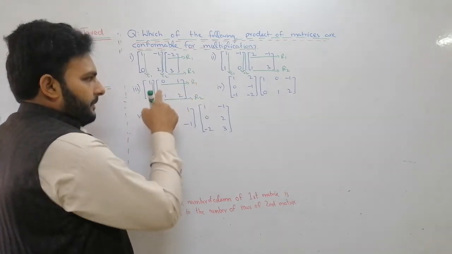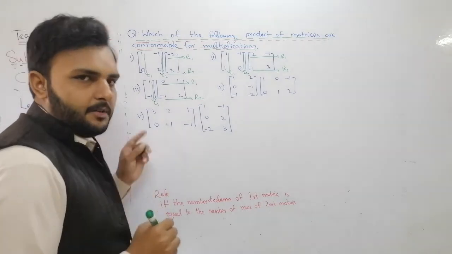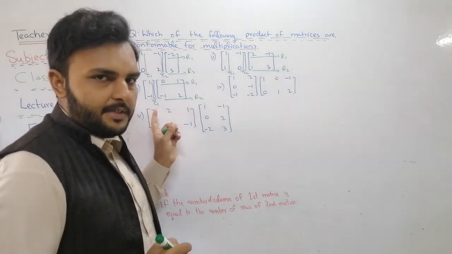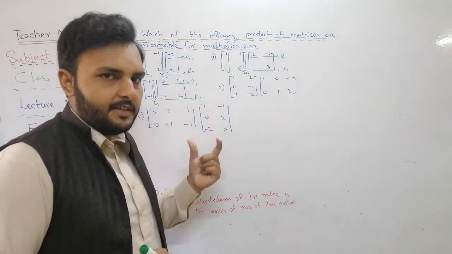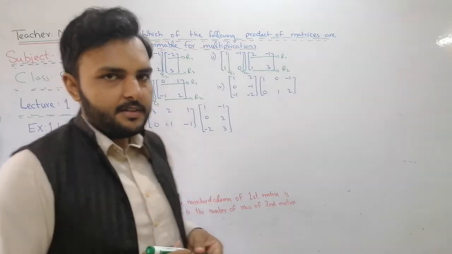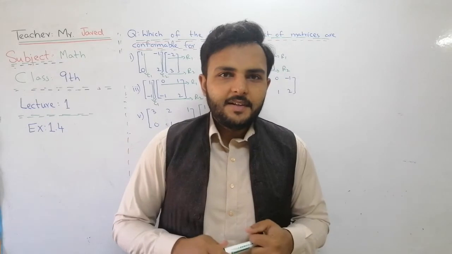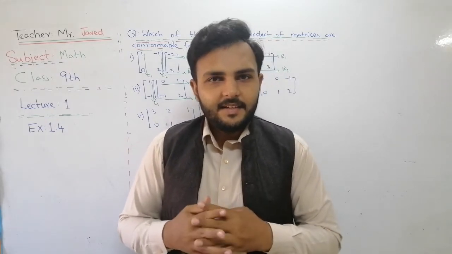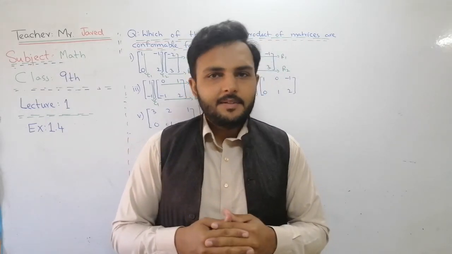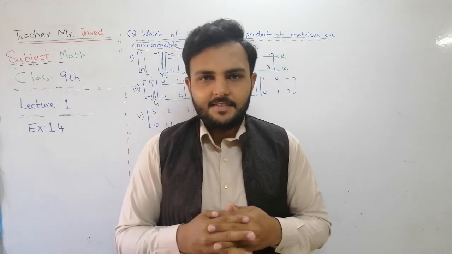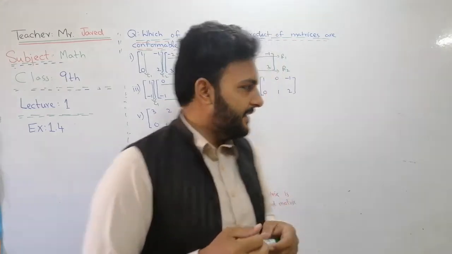So one column and two rows. Are the number of columns in the first matrix and the number of rows in the second equal? No, these are not equal. So what will we write? We will write, these matrices are not conformable for multiplication. Clear, all of you? Okay.